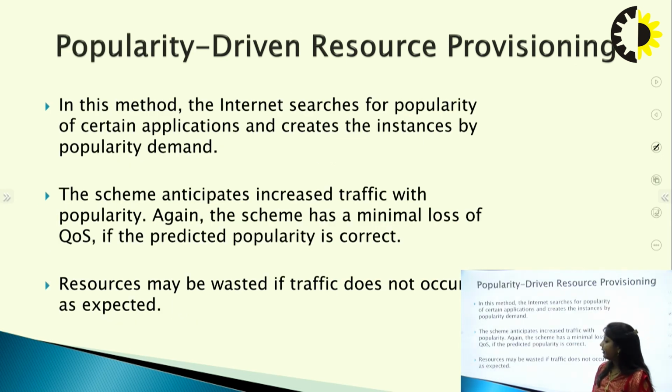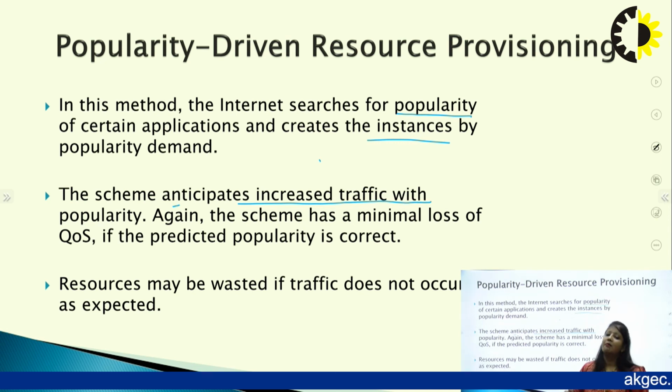Next is popularity driven. Popularity driven means in this method the internet is searched for the popularity of certain applications and instances are created. So this scheme anticipates the increased traffic with the popularity. For example, as I have already explained, if some apps are going to gain more popularity, like Python is going to be popular, so we have to install different Python apps on the different virtual machines.